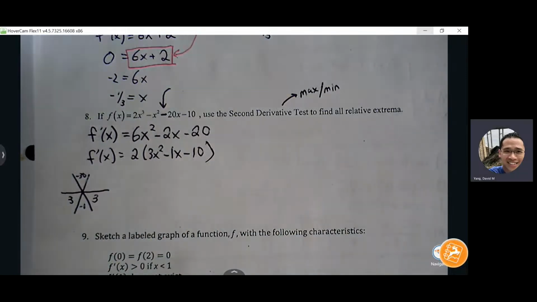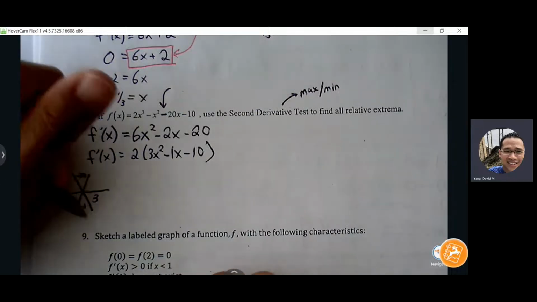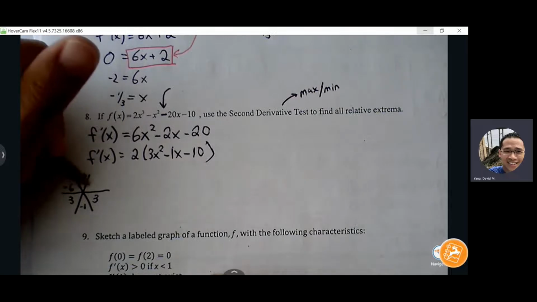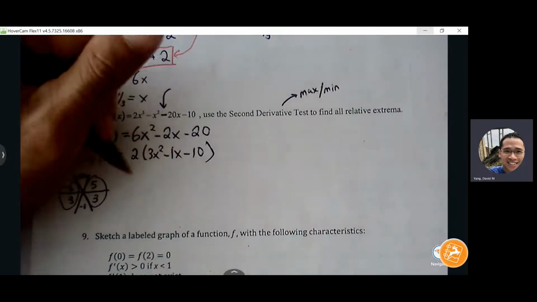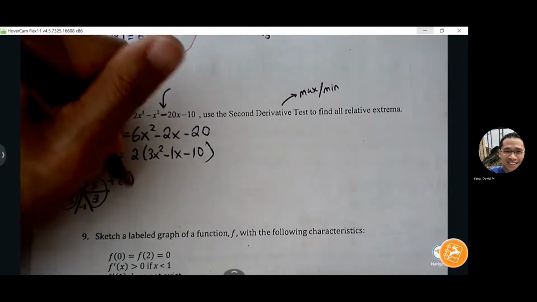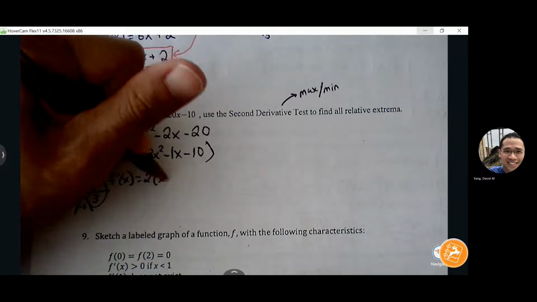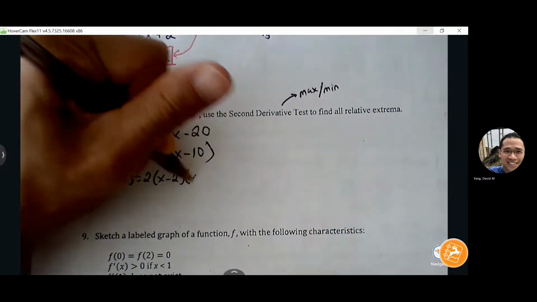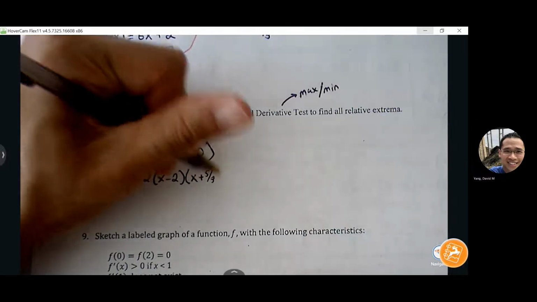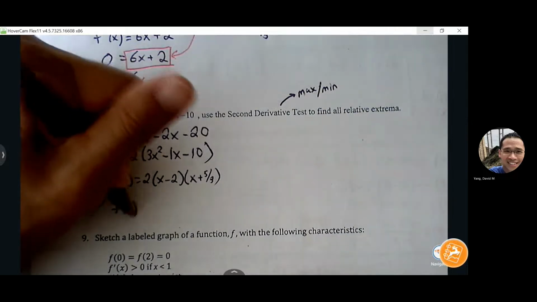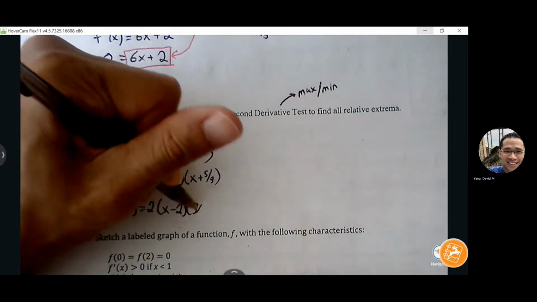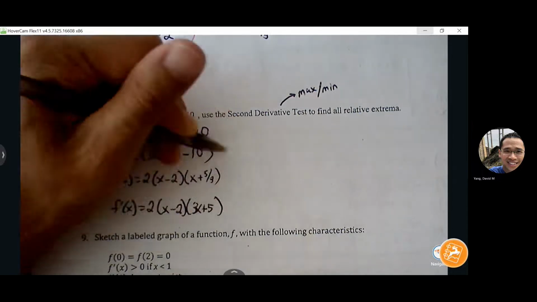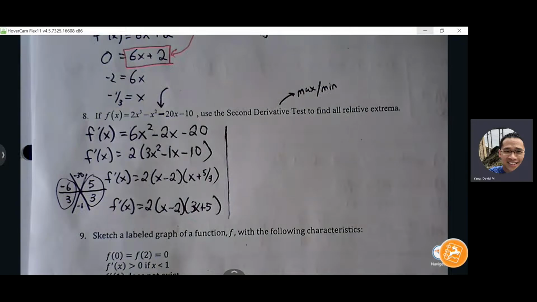So two numbers that multiply to -30 are 5 and 6. And I want them to add up to be -1, so I'll make it -6 and +5. Reduce. Okay, so there's my f prime.